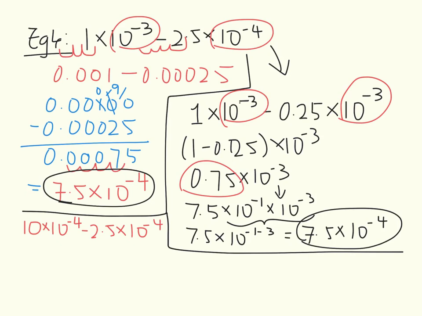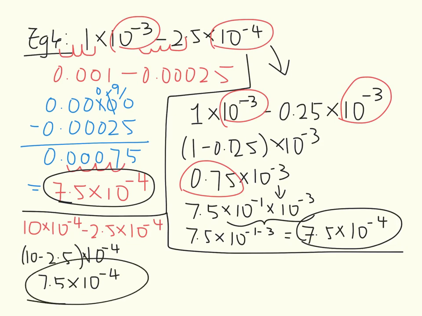And I can now factor out 10 to the negative 4 because they have the same exponents, and I'm left with 10 minus 2.5 times 10 to the negative 4. Now in this case, 10 minus 2.5, I end up with 7.5 times 10 to the negative 4. You can see I get the same answer, and in this case it's actually quicker, so something for you to consider.